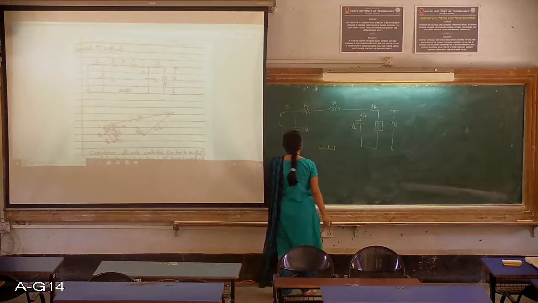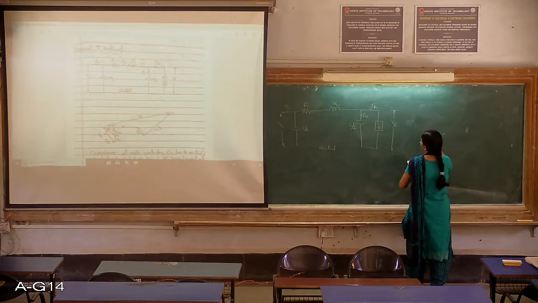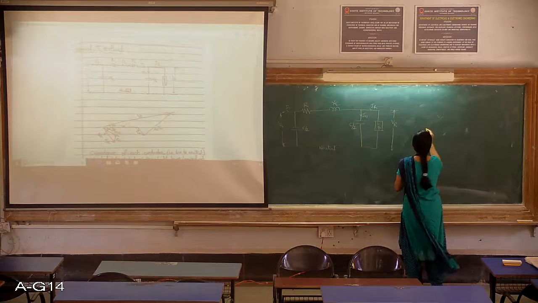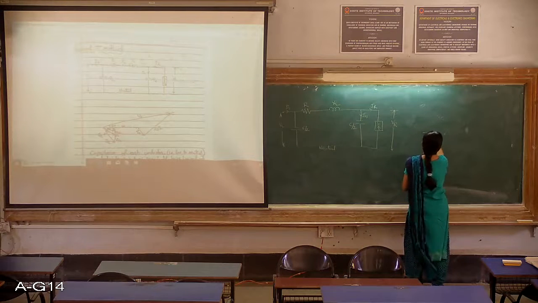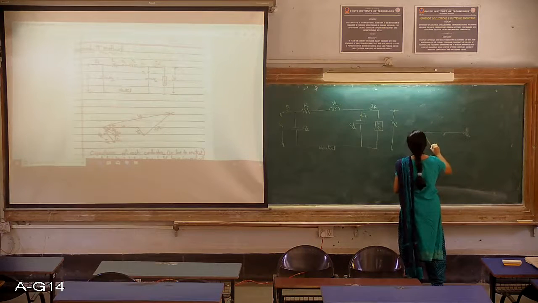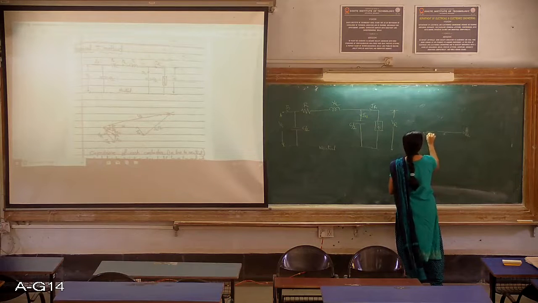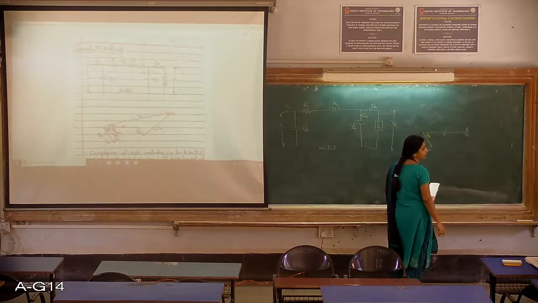Now I will draw the phasor diagram. First is VR, and you draw VR and IR with angle phi r.